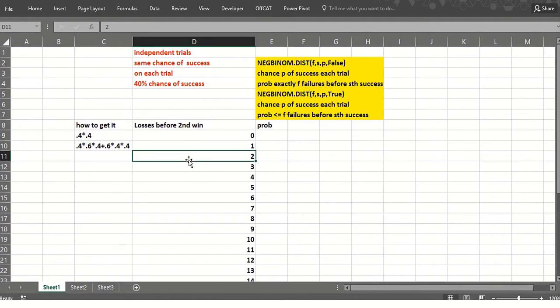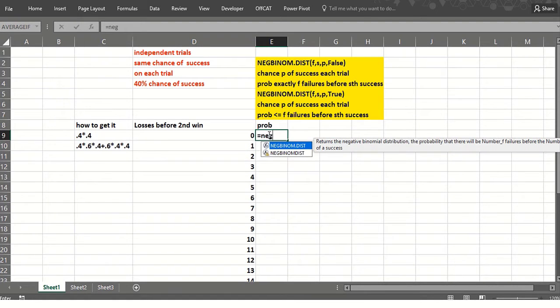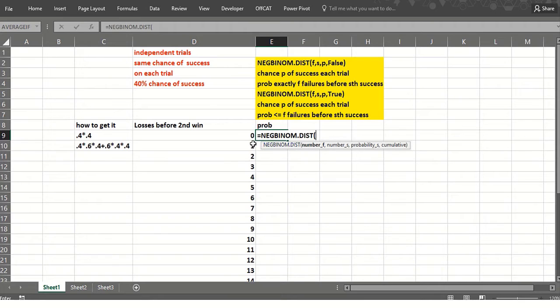Okay, so let's again suppose we have a baseball team with a 40% chance of winning each game and a 60% chance of losing each game. What's the probability mass function, or the probability of each number of possible losses before the second win? 0 losses before the second win, 1 loss before they win 2 games, 2 losses, etc. So we would go equals NEGBINOM.DIST.